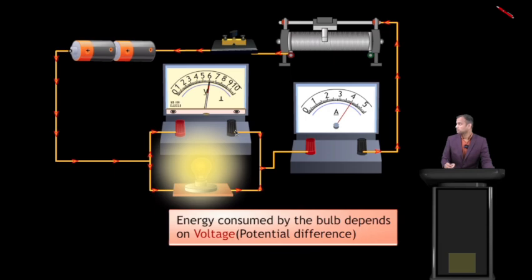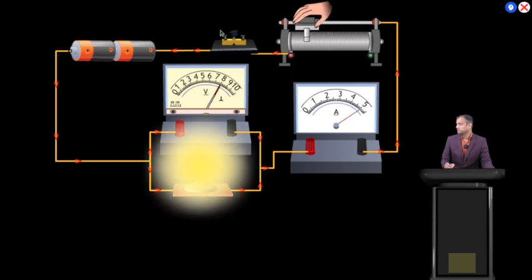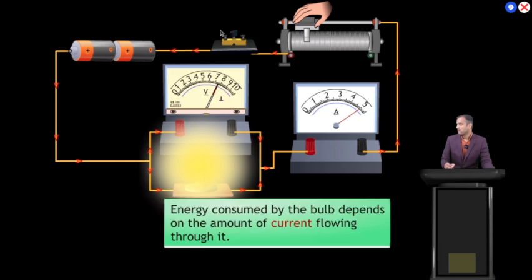Energy consumed by the bulb depends on voltage, which is the potential difference. Here you can see that if you increase the amount of current, the bulb glows more. So energy consumed by the bulb depends on the amount of current flowing through it.